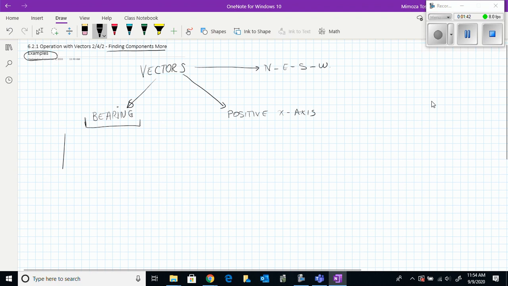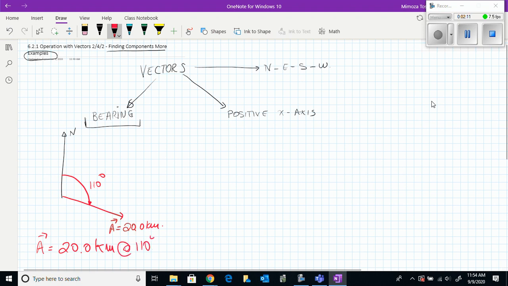North is always thought of as going up. Suppose we have a vector A with magnitude 20 kilometers per hour and a bearing of 110 degrees. We express it in English as vector A, 20 kilometers per hour at 110 degrees bearing.